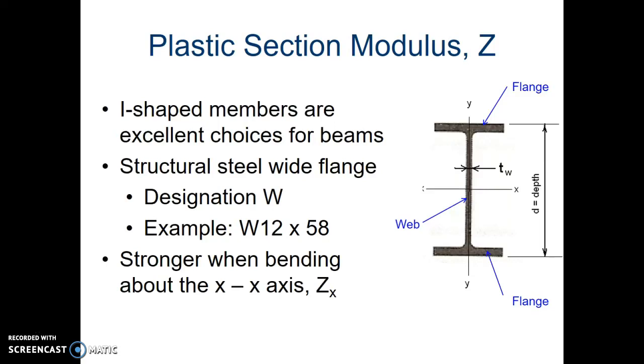That's a designation. And what you'll find is that the W12 refers to the height of the beam. 12 is about 12 inches. And then 58 refers to its weight per foot. So this W12 by 58 beam is 12 inches tall, and it weighs 58 pounds per foot.